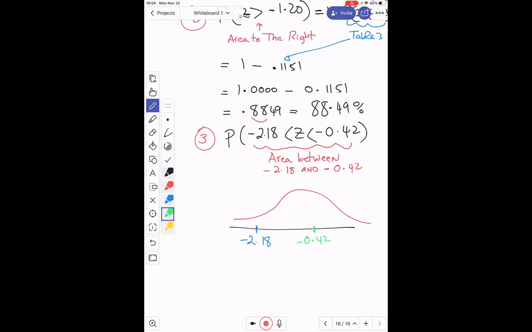We take the area to the left of negative 0.42, and then you remove the area to the left of negative 2.18, the blue one. And that's exactly what we need, the area between these two numbers.